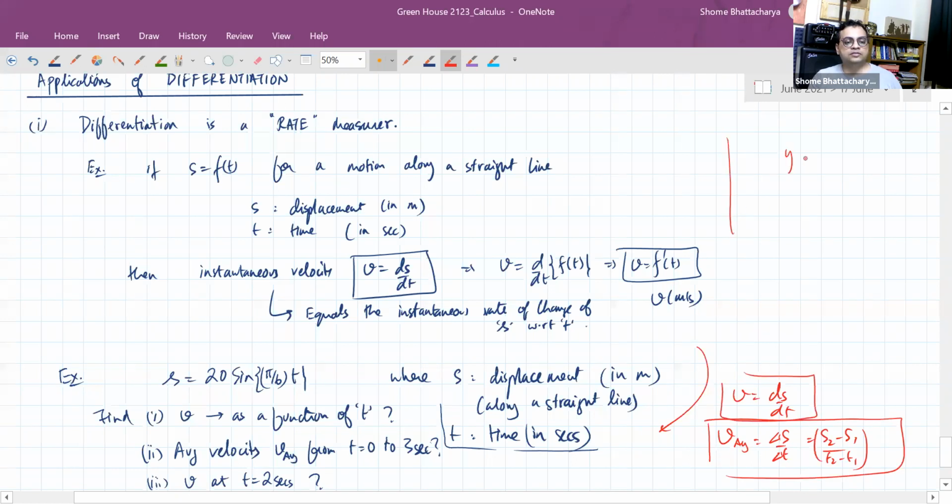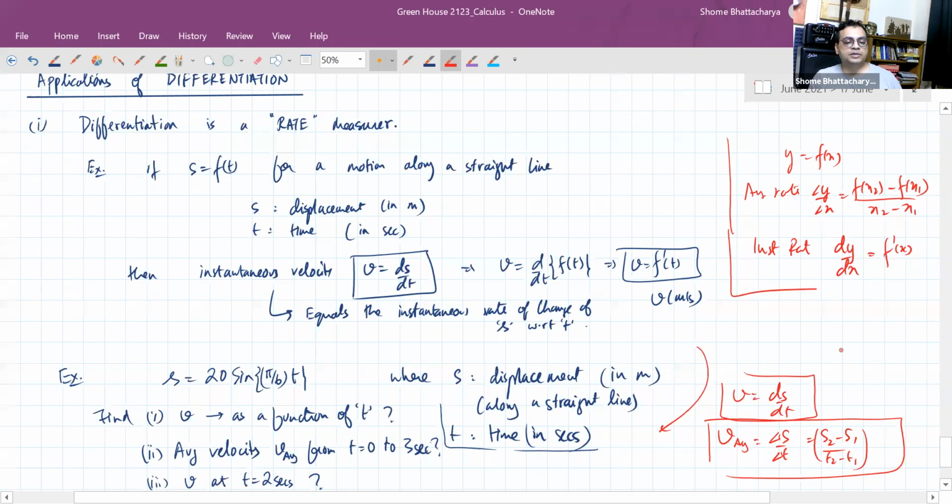For a given function y equals f of x, the average rate of change, delta y by delta x, we had written as f of x2 minus f of x1 divided by x2 minus x1. And the instantaneous rate of change was nothing but differentiation applied to that function.